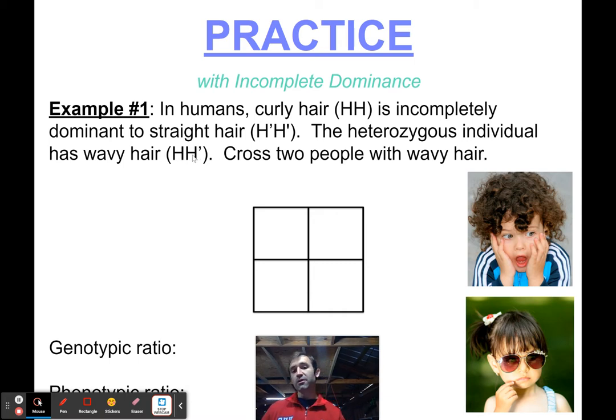We can't use a little h because we already used that notation for the law of dominance, dominant and recessive. So we can't use that with this. We just use something else. So it says cross two people with wavy hair. Let's do it.